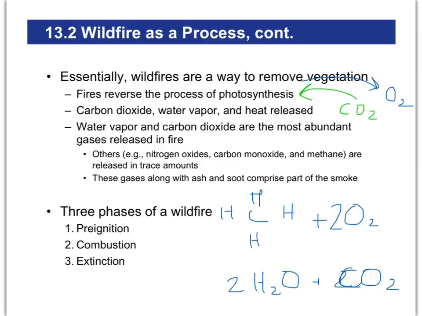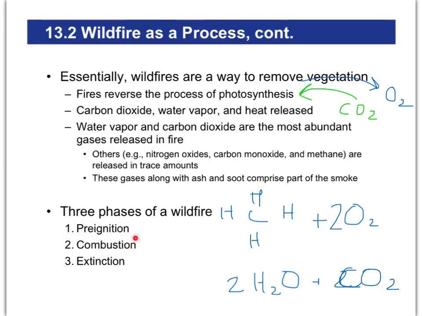So we're going to look at 3 phases that are required for a wildfire to take place. And really it could be any fire, any combustion. But these 3 phases are going to be pre-ignition, combustion itself, and extinction. You know that if you try to light a piece of paper on fire, it doesn't light right away.